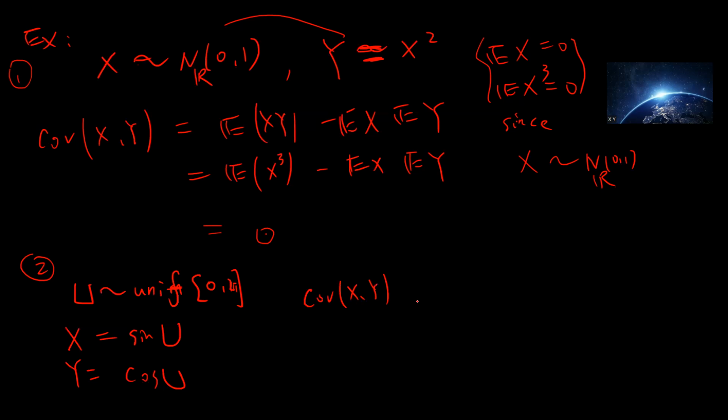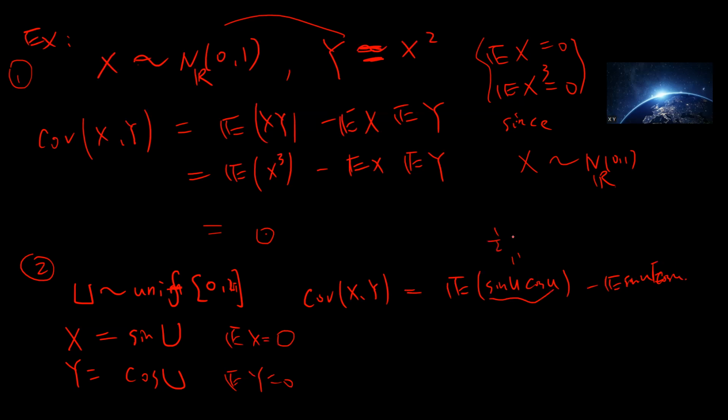It's the expectation of sine U cosine U minus the expectation of sine U times the expectation of cosine U. The average of sine is 0, the cosine is also 0, and sine U cosine U is a half of sine 2U, which is also 0. So 0 minus 0 is 0.